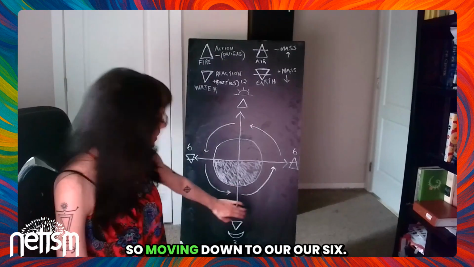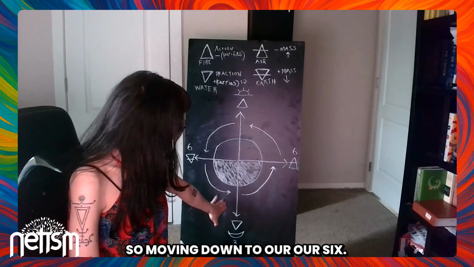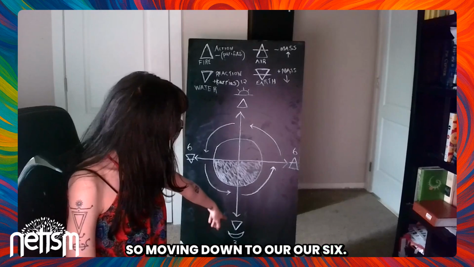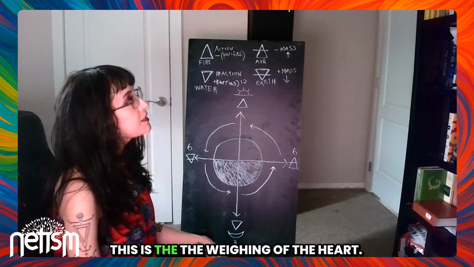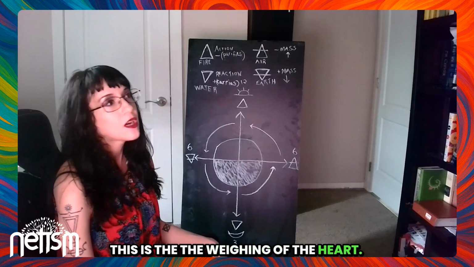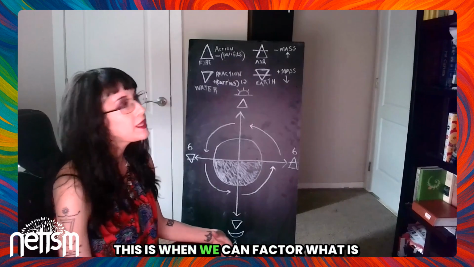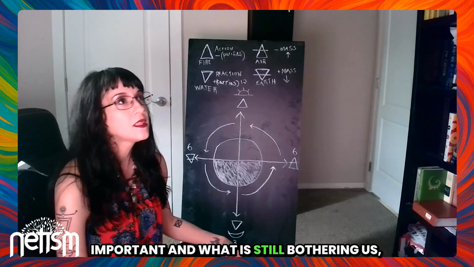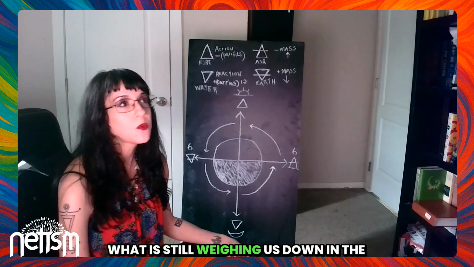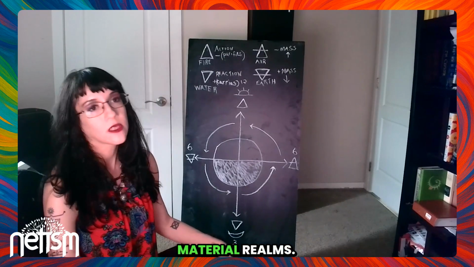So moving down to hour 6, this is midnight. This is the weighing of the heart. This is when we can factor what is important and what is still bothering us, what is still weighing us down in the material realms.